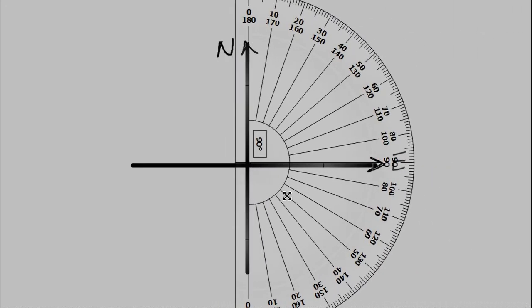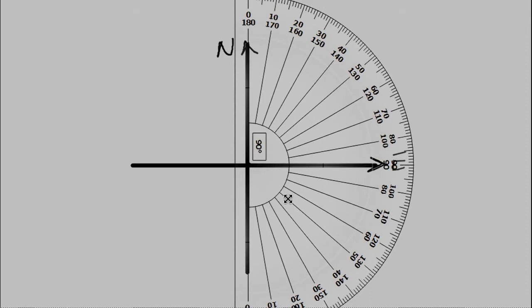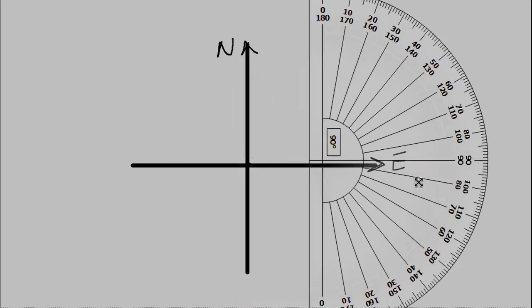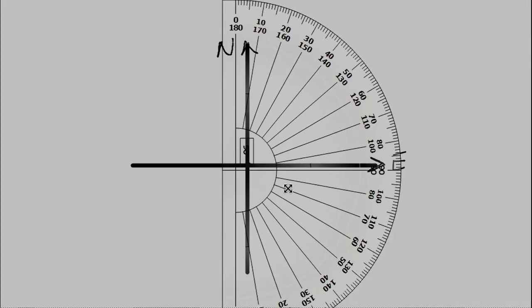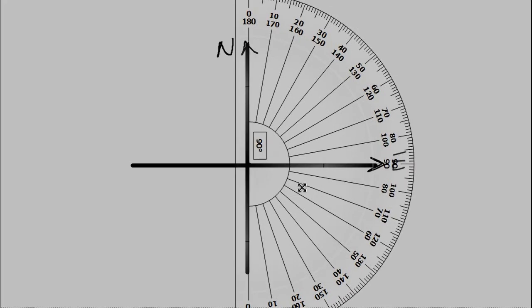So we can put a protractor, center it at the point where we're standing, and measure 30 degrees from the north. So that gives us a point here. We can remove the protractor. Let's fix our point first. The point is here.